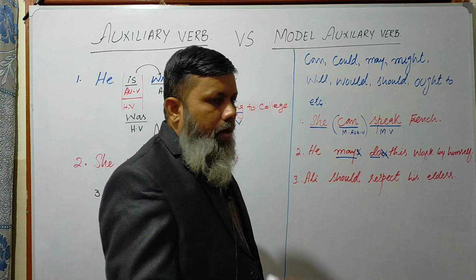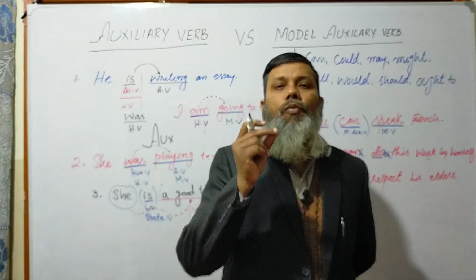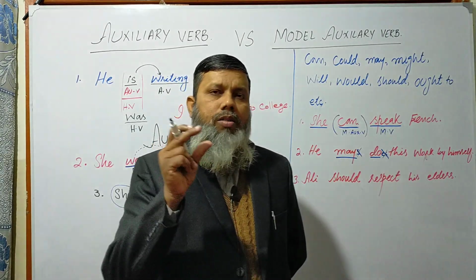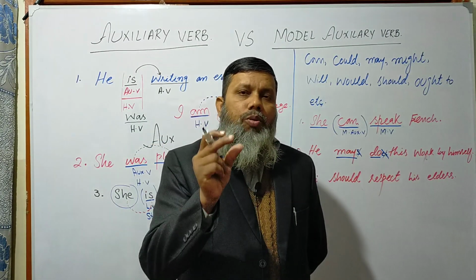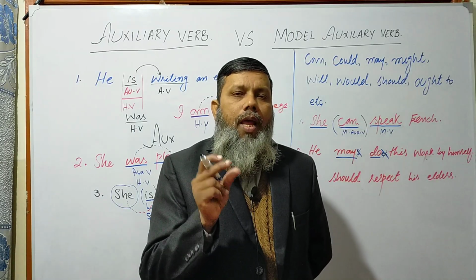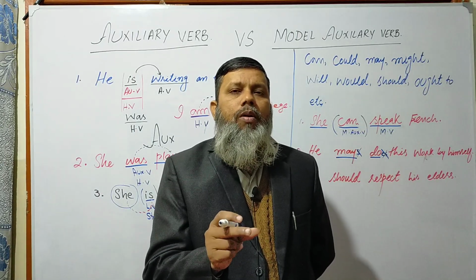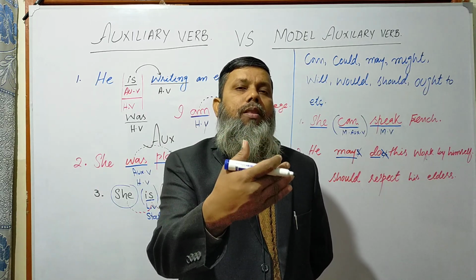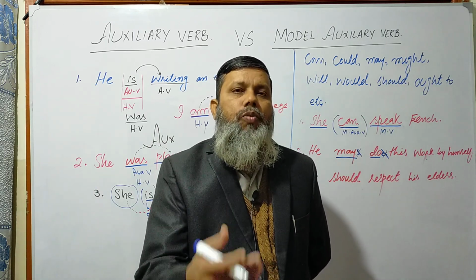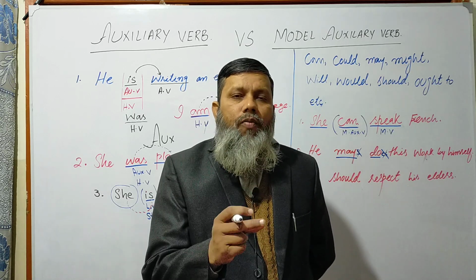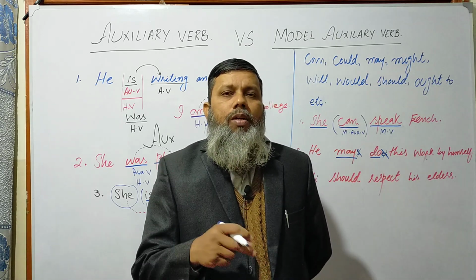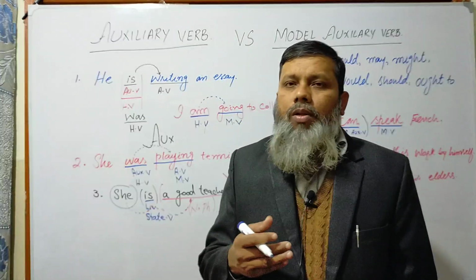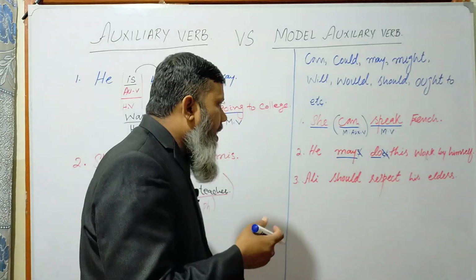So in a nutshell, I want to explain again: modal auxiliary verbs do not use any S form with themselves, nor after the main verb used with them, as I have given you in the examples. But an auxiliary verb can be used with S form.